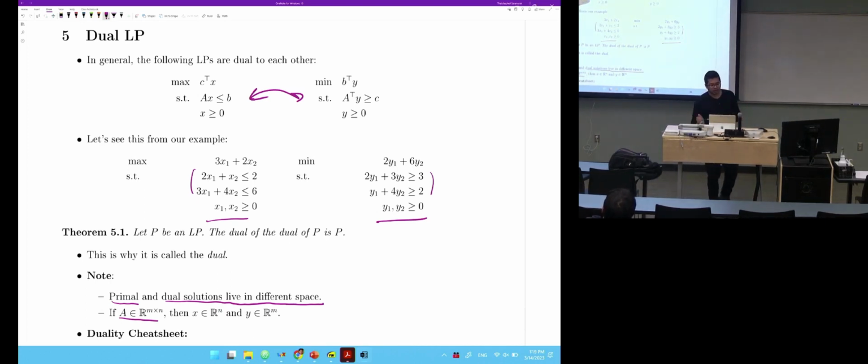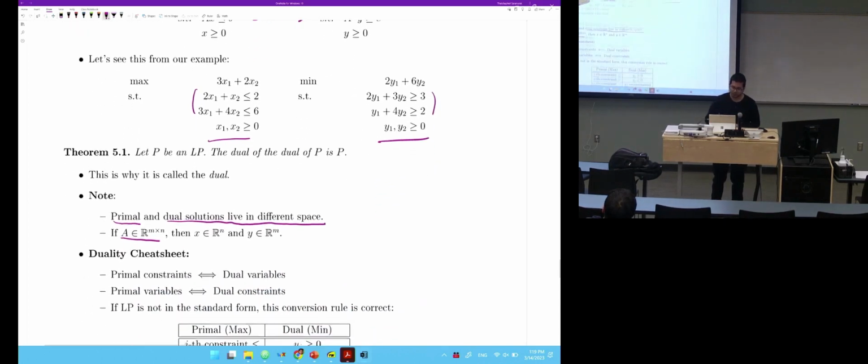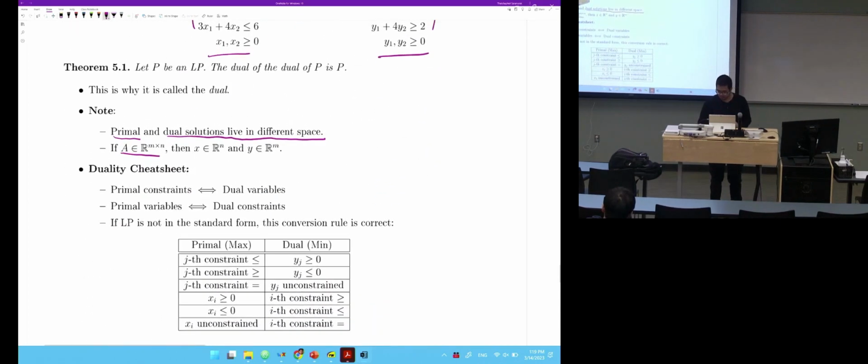So in general, primal constraints correspond to dual variables. Primal variables correspond to dual constraints.